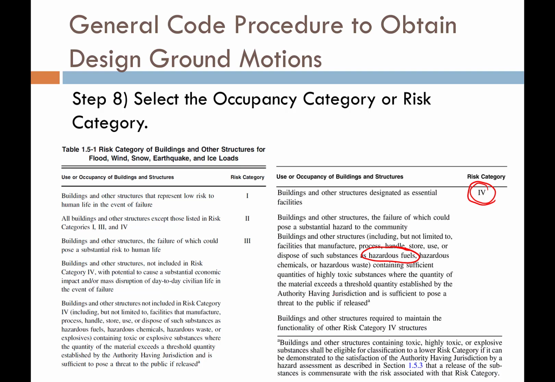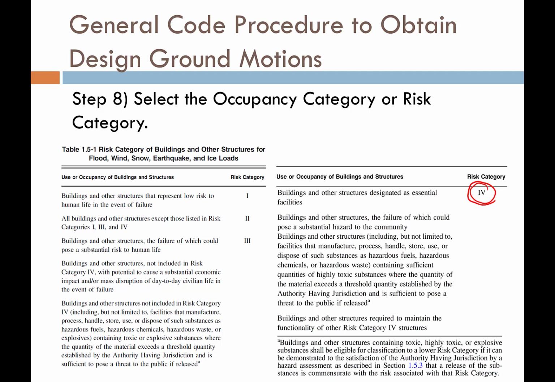Anything that manufactures, processes, handles, stores, uses, or disposes of hazardous substances. And it's interesting that that's what they focus on here. But it will also include structures like fire stations, police stations, things like that that are crucial to the functioning of society.